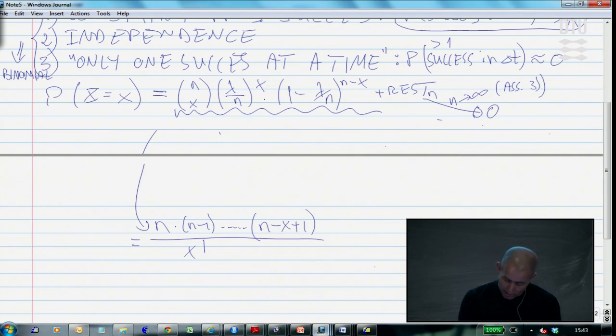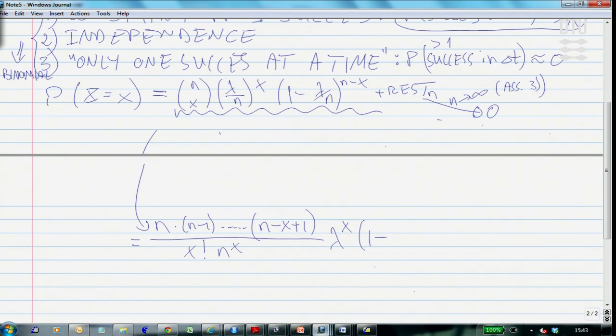I then also take the n to the power of x from this term up here and put it here, n to the power of x. Then I'm left with lambda to the power of x, and I just repeat the final term here. And since this here tends to 0, I will now ignore this.